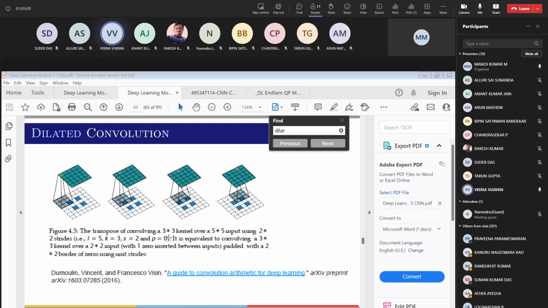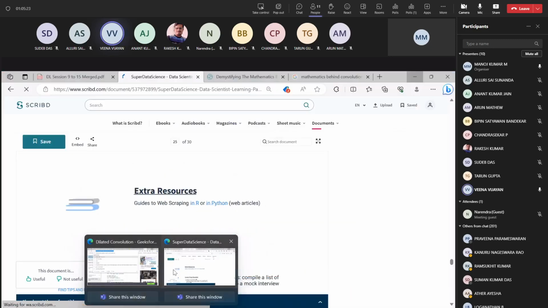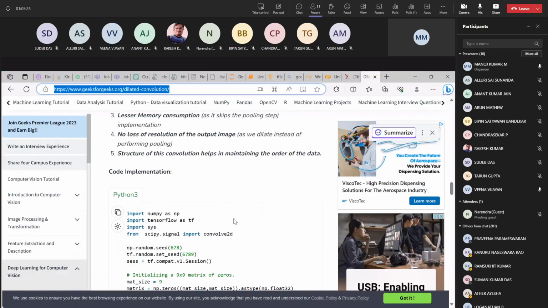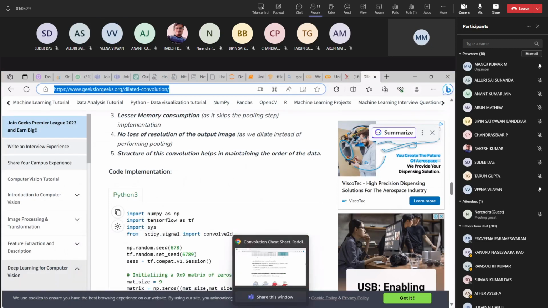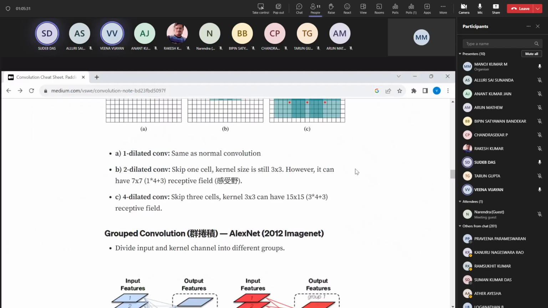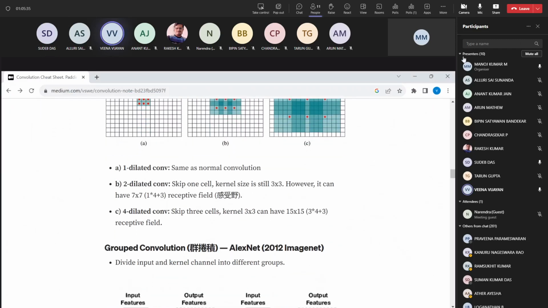But when we have dilation, we are making it into a higher one, so the coverage will be more. You are able to see the screen, right?